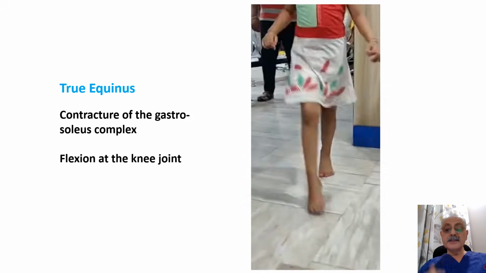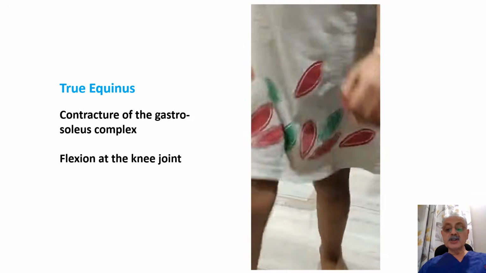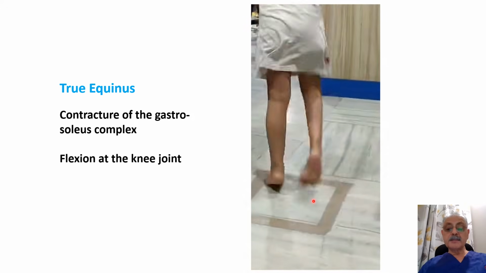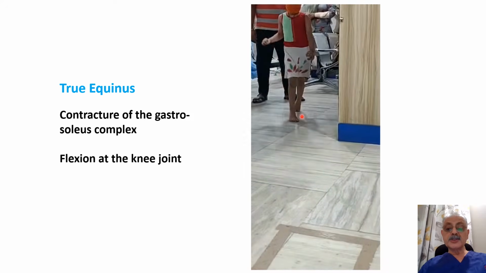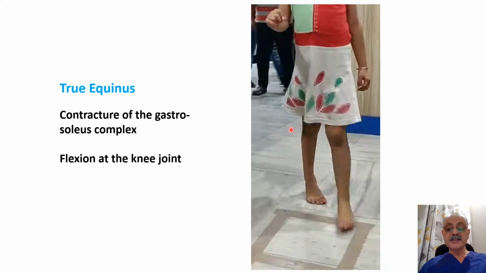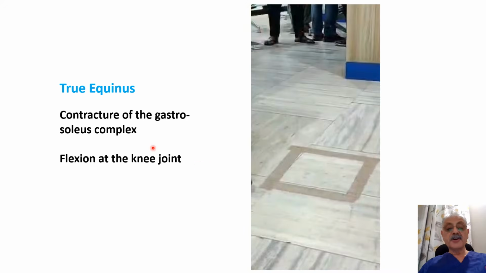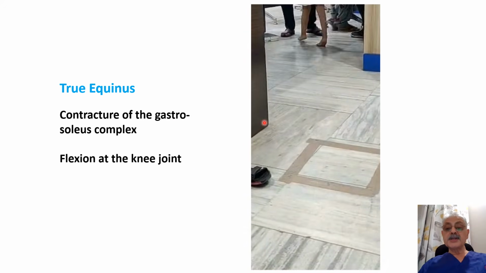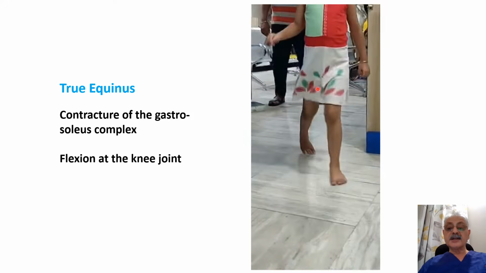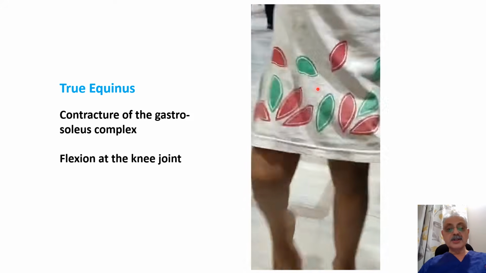If you look, this patient has got a true equinus, and the patient is keeping the foot in equinus both in the swing as well as the stance phase, and this is suggestive of a contracture of the gastrosoleus complex, and the patient can flex the knee while walking.